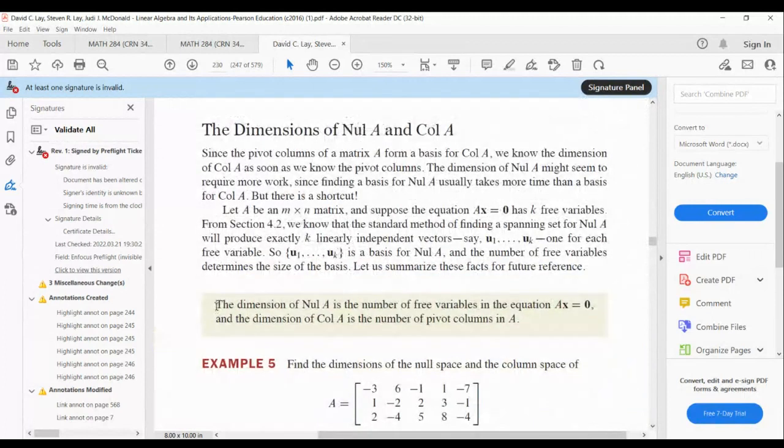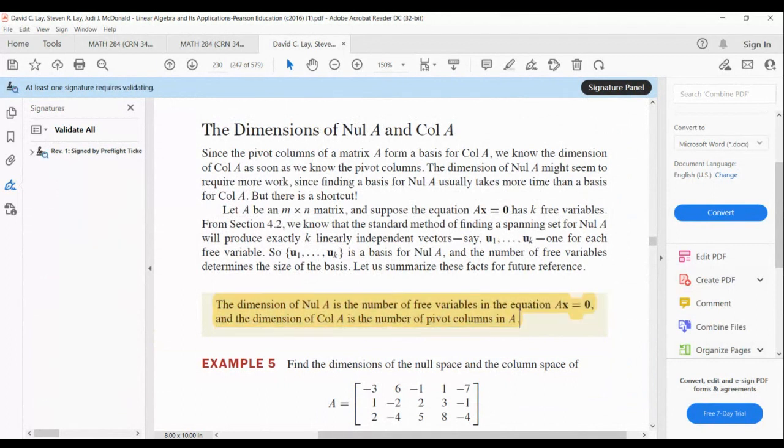So null space and column space, you probably learned this already just from the exercises you've already done. But the dimension of the null space of A is the number of free variables that you have when you solve the matrix equation A times X equals 0.